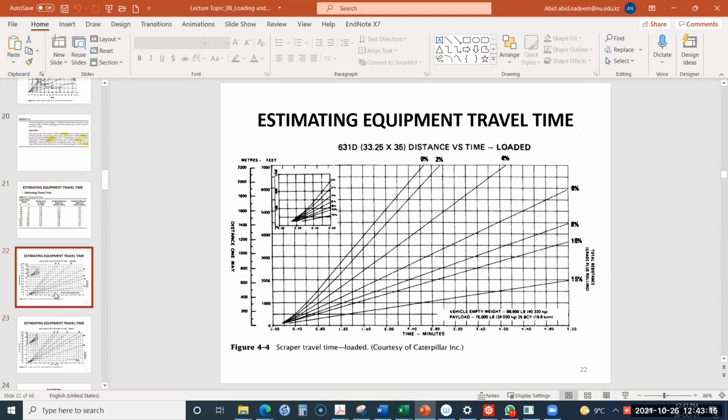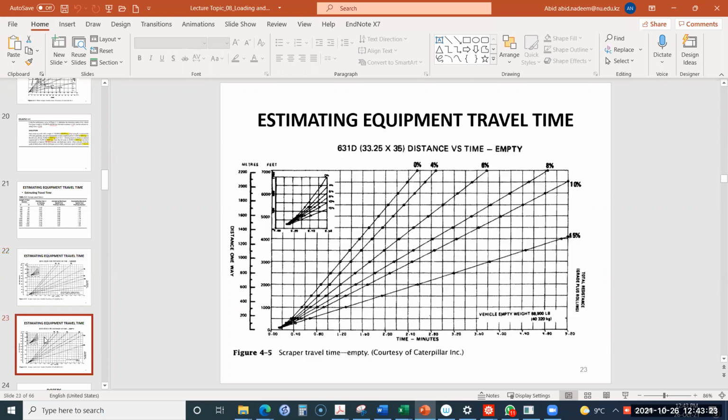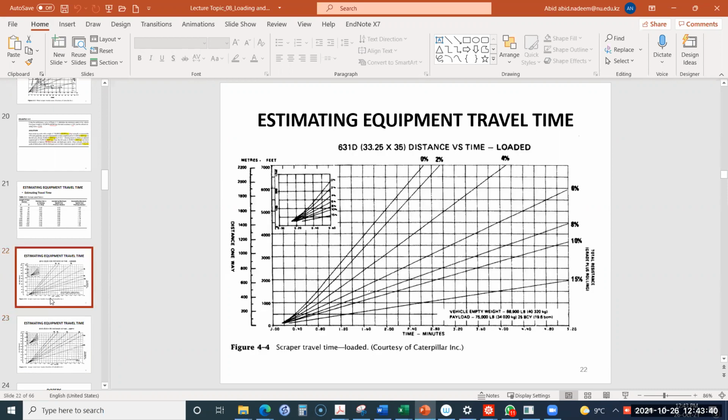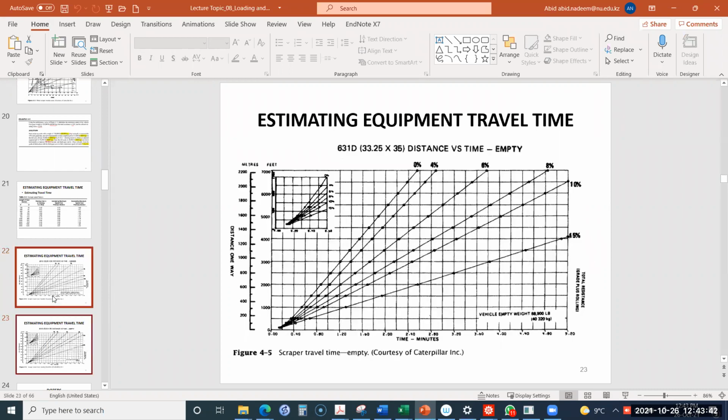Yes, this is figure 4-4. And then figure 4-5. Maybe I can just copy these two slides and then bring them near there.